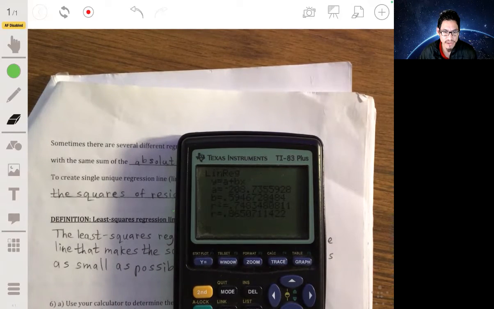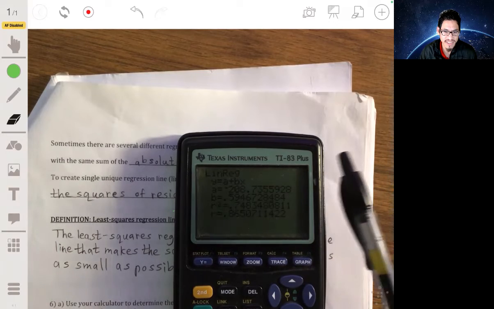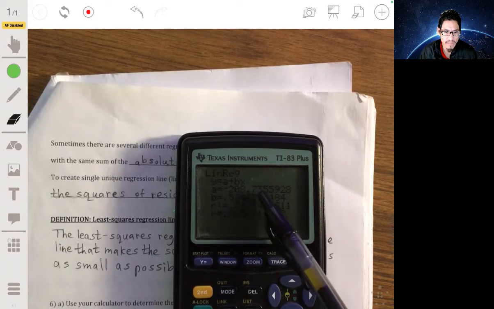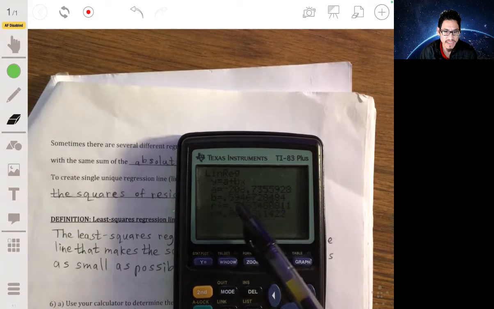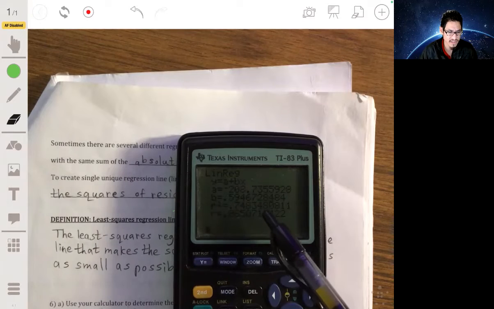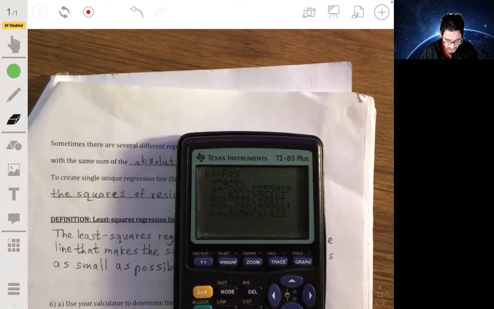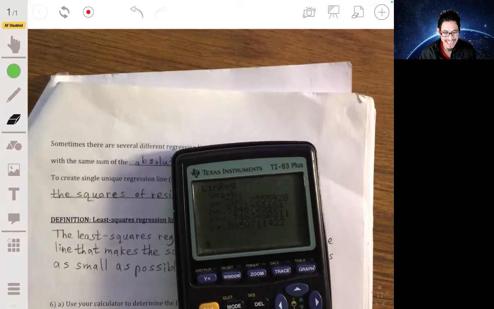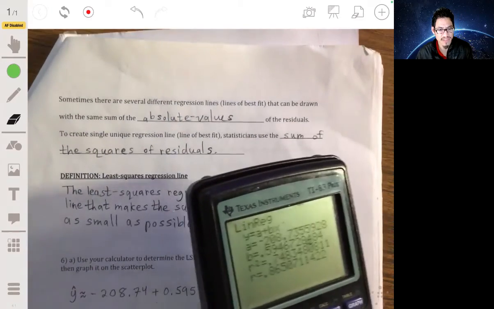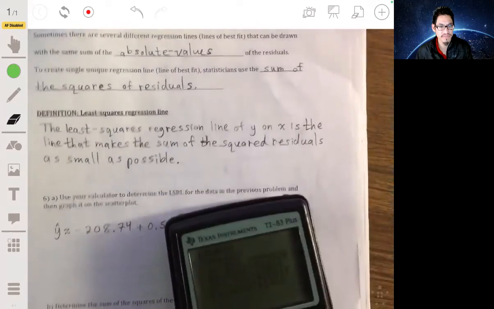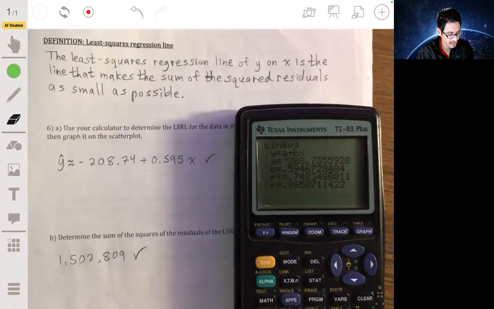And we get that our equation for the least squares regression line is negative 208.73-ish plus 0.59x-ish. And when you calculate the sum of the squared residuals of this least squares regression line, it's only 1.5 million, which is the lowest, about 200,000 less than our previous lines.